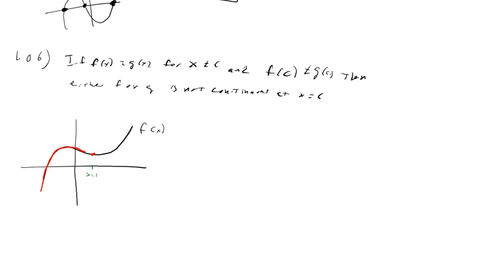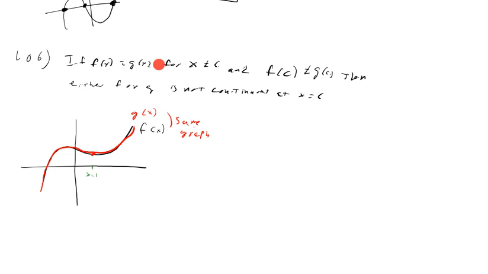Pardon my drawing, but they're exactly the same. The same graph. That's what equal means. Identical graphs. That's what this is saying. If f and g are equal, they're the same.